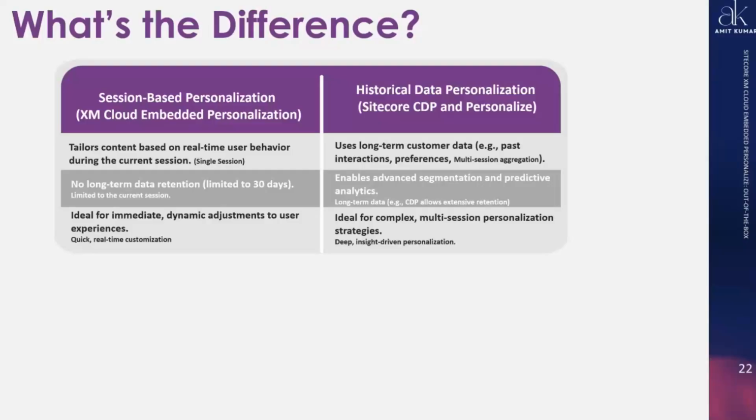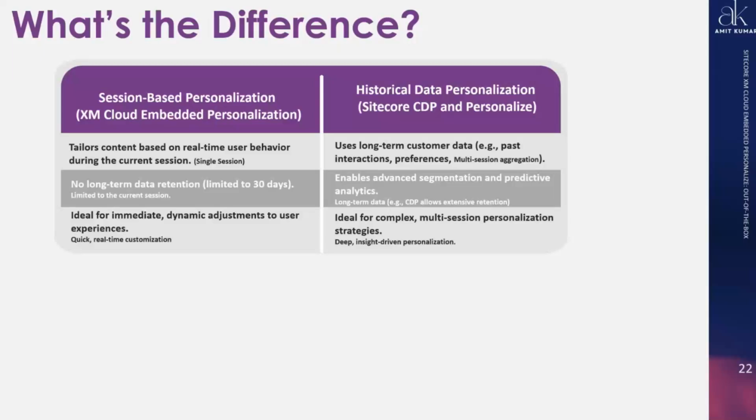The difference with session-based is that it is tailored just to the current context of the user. Historical, like CDP, Personalize or the XP application, is based on older data, so you can access data from the past one year or any time in the life of a user, like how many times they have logged in.